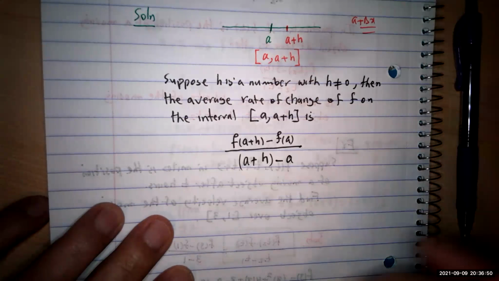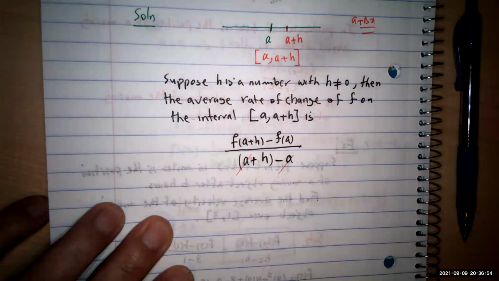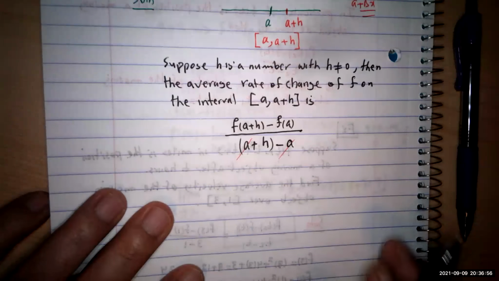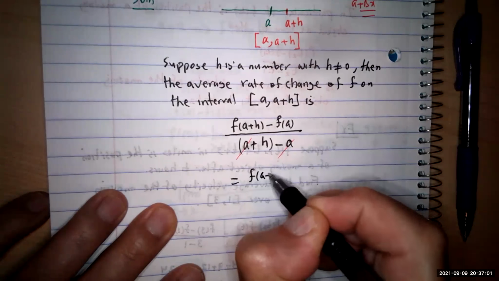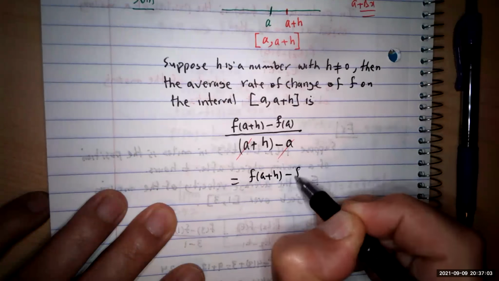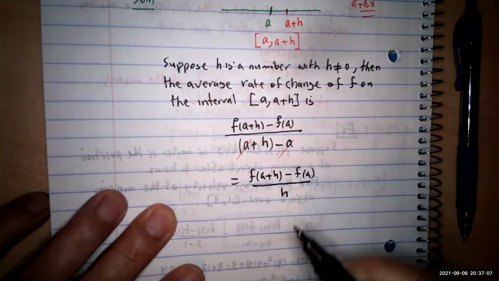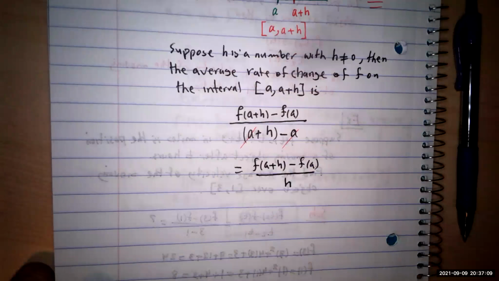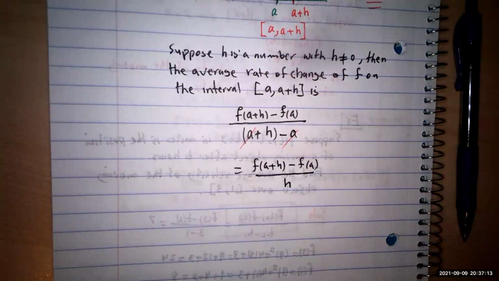But you see the bottom one, the a and the negative a would cancel out. So what's going to be the result? The result is going to be f of a plus h minus f of a divided by h. This is going to be your average rate of change, or your average velocity.